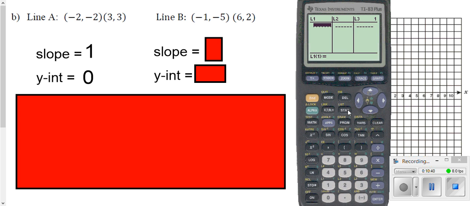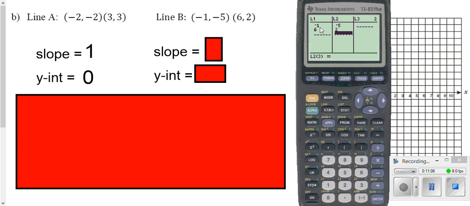Clear it all out. The x's are -1 and 6. And the y's are -5 and 2. So as I'm putting this in, I'm looking at exactly why I put in the right numbers.